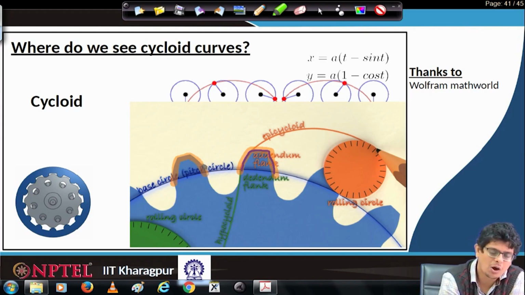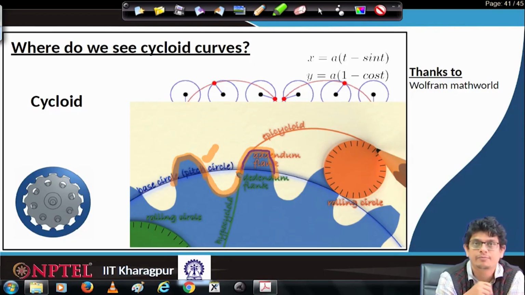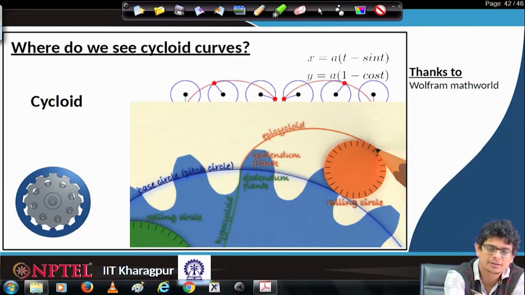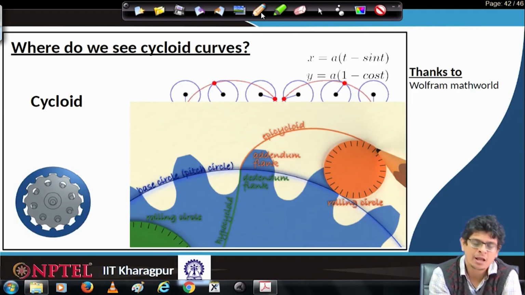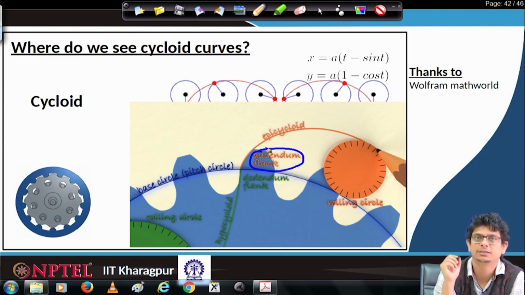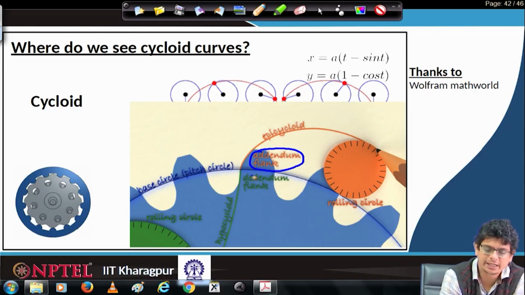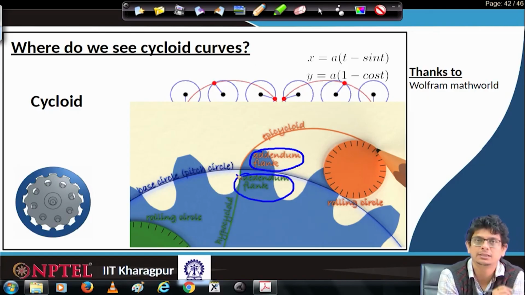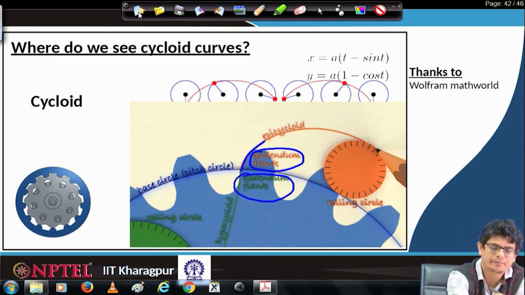These flanks we will see on the top side, and also on the bottom side. If we are looking at this top portion, those flanks are called addendum flanks, and the lower ones are called dedendum flanks. And this curve is usually constructed by cycloid.